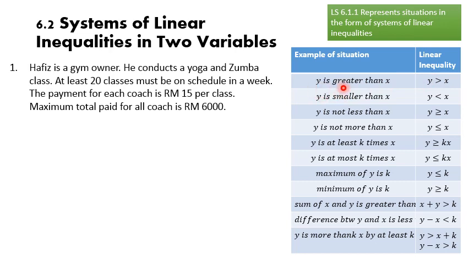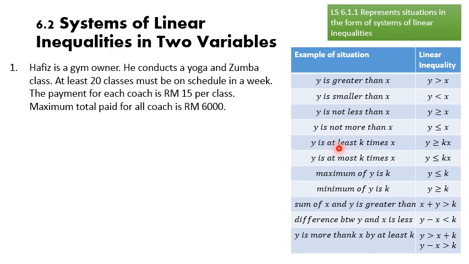So y is greater than x, so we can change it into y greater than x. This is normal. Okay, but I want to focus on this. Y is at least k times x. At least means sekurang-kurangnya. So y boleh sekurang-kurangnya k times x.